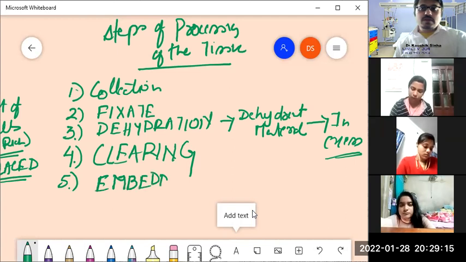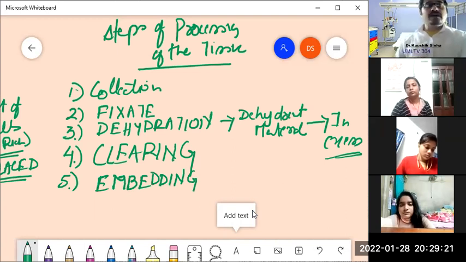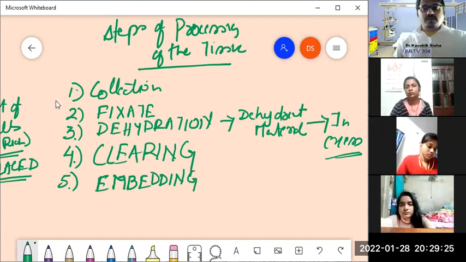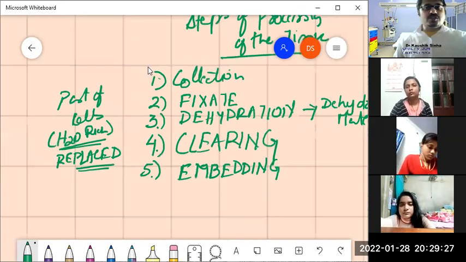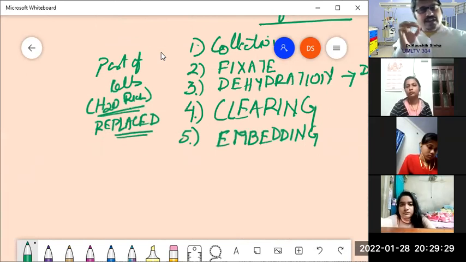Why do we need to embed before we make a section? The reason is the method of making a section is to use a very fine as well as extremely sharp, what? Knife.